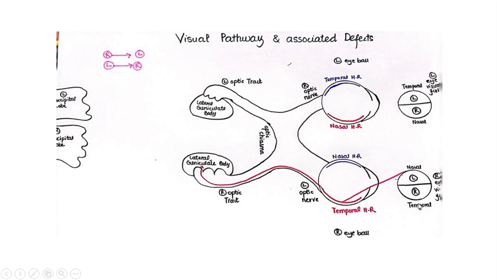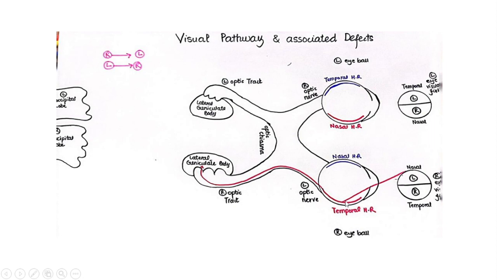And this is our visual pathway. Obviously this is the upper side and this is the lower side, so this is going to be superior and this is going to be inferior. From the superior part of the visual field, that is from the upper side, the light rays are striking at the inferior part of the retina.